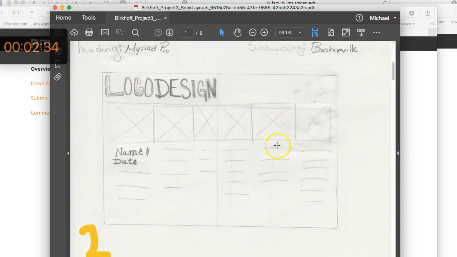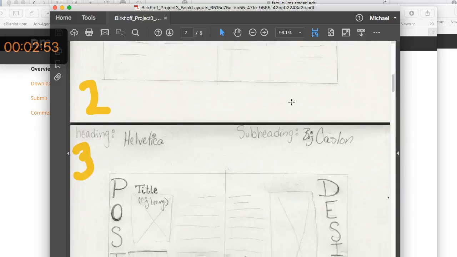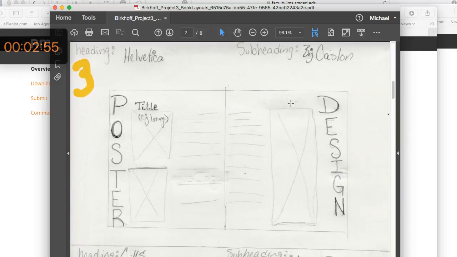You would pick your new layout and give us 6 of these spreads, 1, 2, 3, 4, 5, 6, or however you want to lay it out on the page, but 6 spreads. Sketching your second idea, then your third idea, and then your fourth idea. So you're going to have a total of 24 spreads being sketched, right?